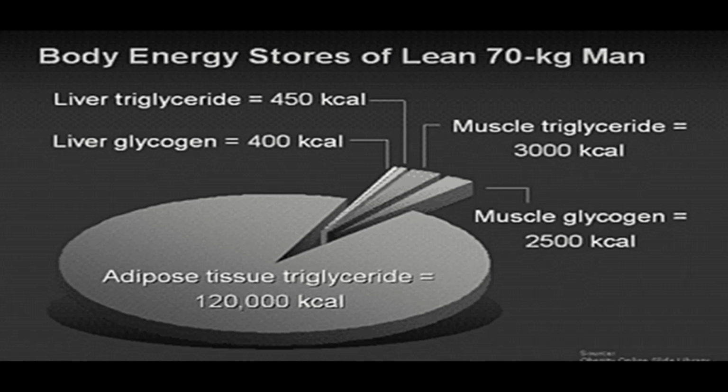However, to access those fat stores, again, this takes more oxygen and therefore more effort from the body in order to produce that energy. Nonetheless, it may be advantageous if we can dual fuel and use our muscle glycogen and our liver glycogen during more high intensity bouts.